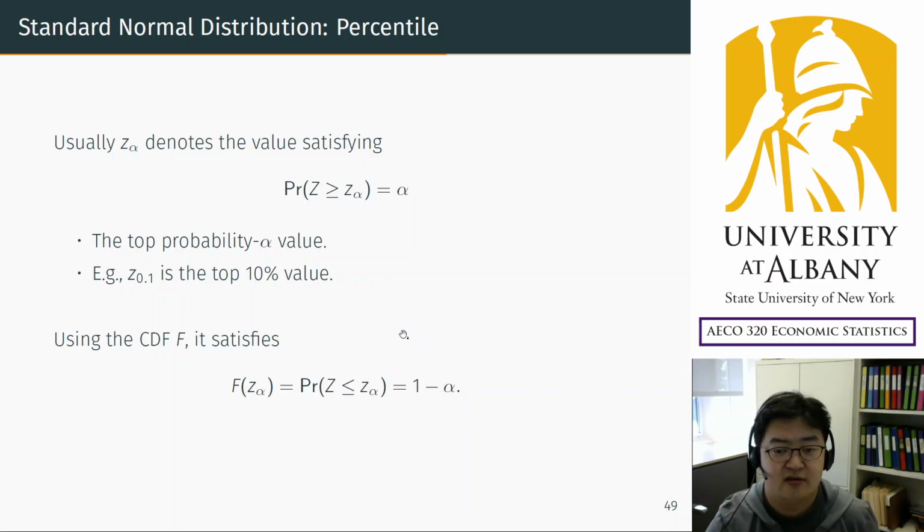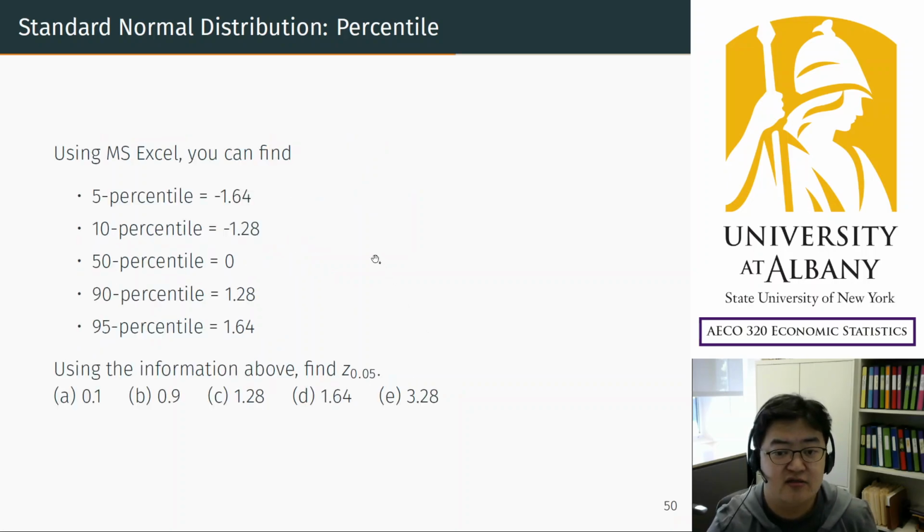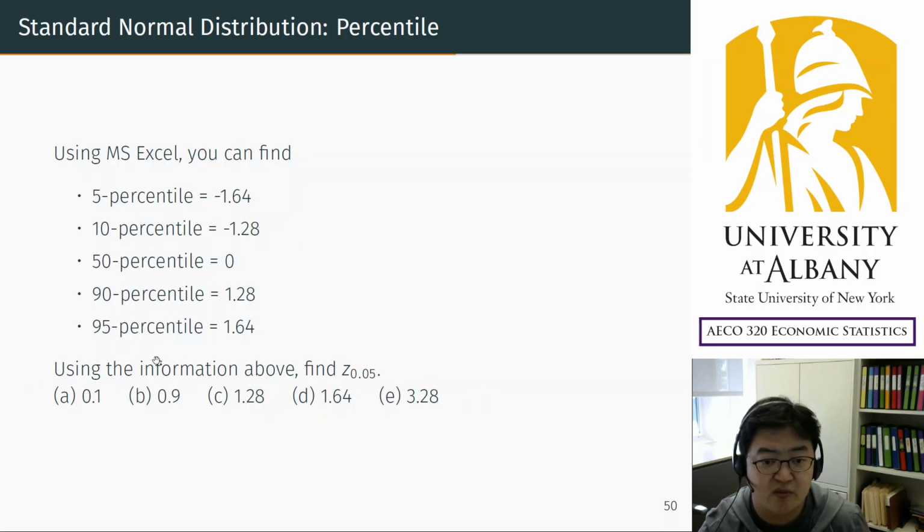And then you can find it without much difficulty. So it is z subscript 0.05, or 5%, but it is the top 5% value. So what do you need to find? You need to find the 95 percentile from the CDF, right?